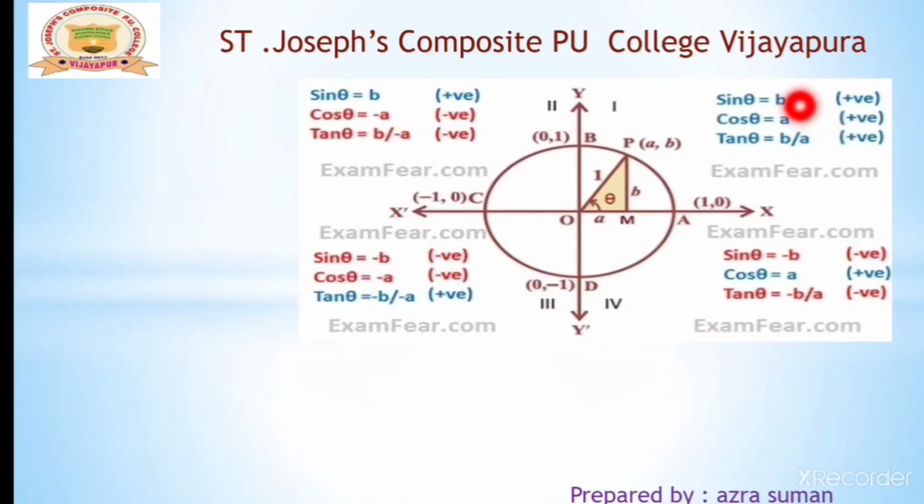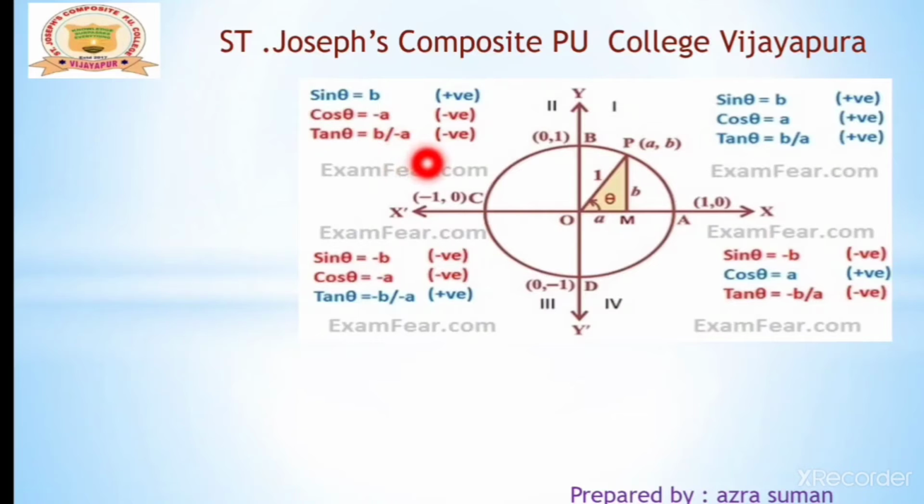If sin theta and cos theta are positive, obviously tan theta, sin theta by cos theta, is also positive. In the first quadrant, sin theta, cos theta and tan theta are positive, and similarly their reciprocals, that is cosec theta, sec theta and cot theta, are also positive.